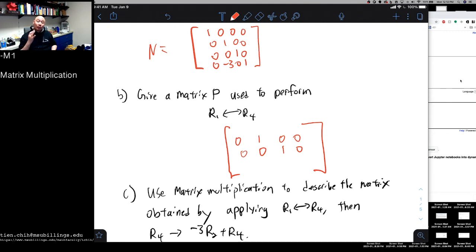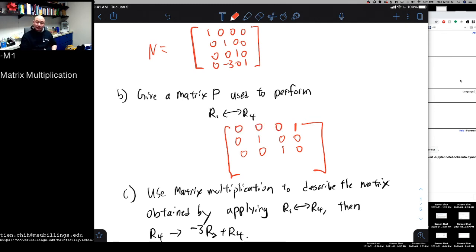Well, what do I want when I'm done in the first row of a matrix that I apply P to? I want the first row to be the fourth row. In other words, I want there to be one copy of the fourth row and no copies of any other row, right?